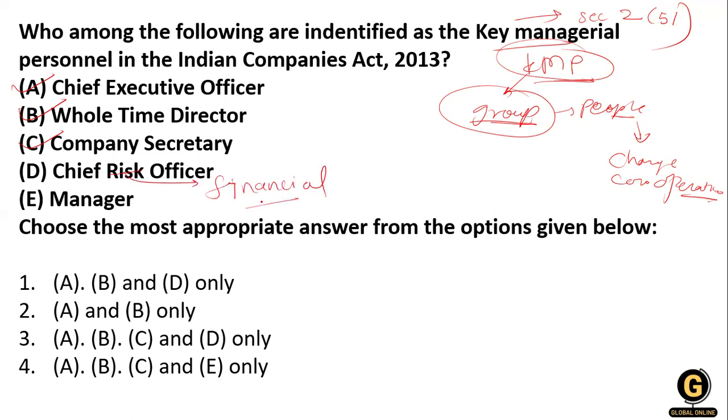Chief financial officer is also a key managerial personnel of the company. So these are the key persons of the company. Clear? So what is the right answer?